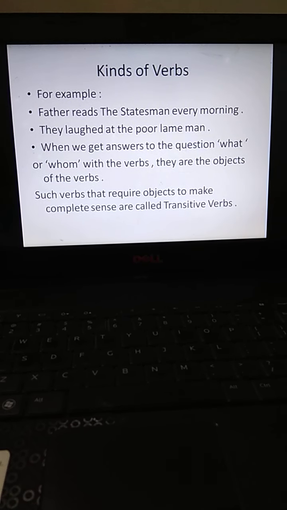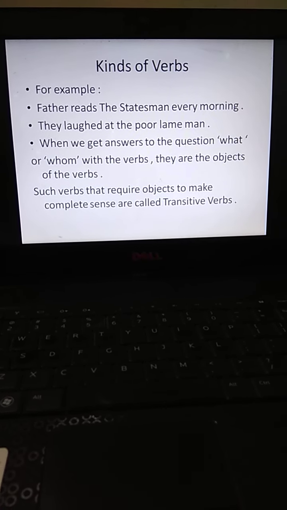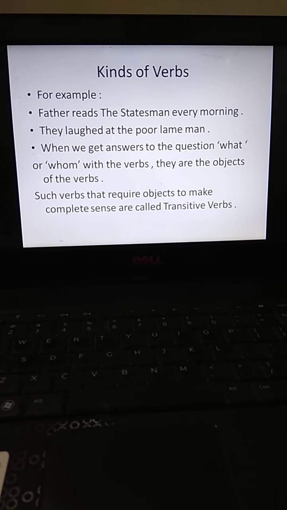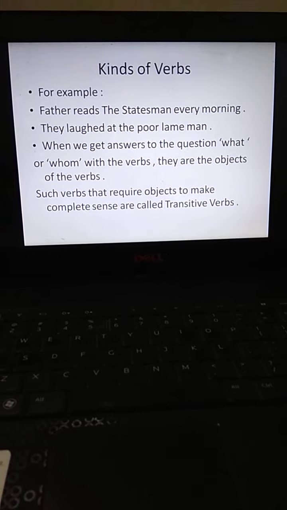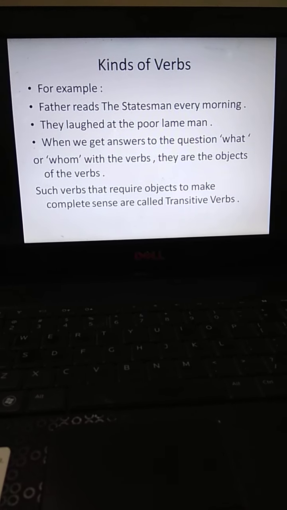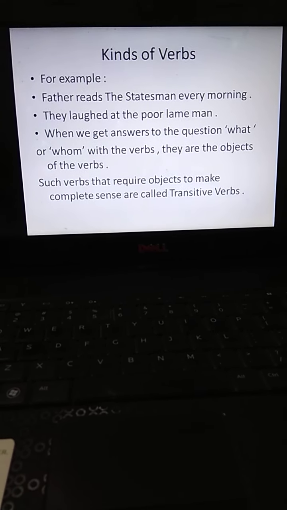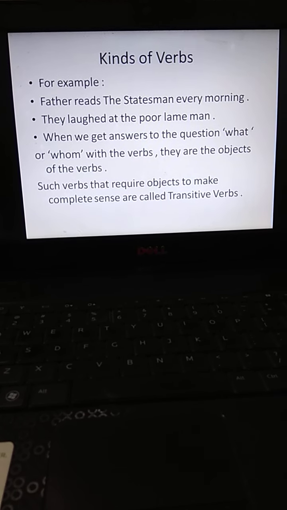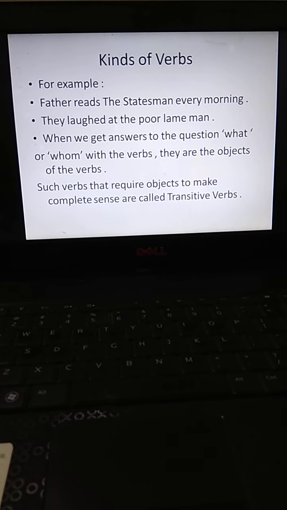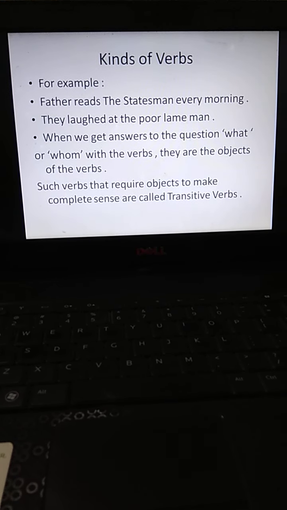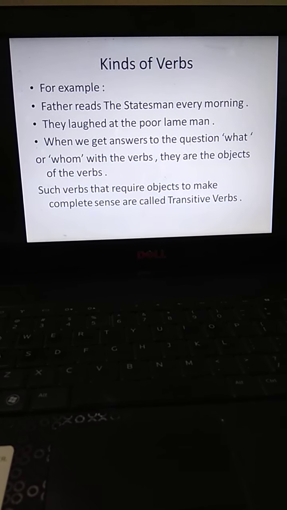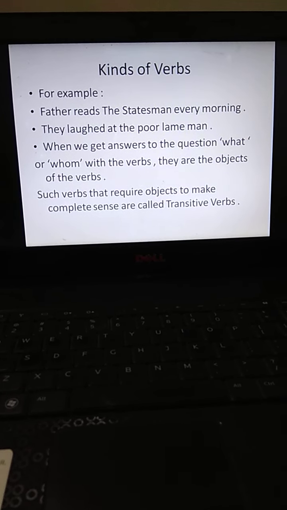Such verbs that require objects to make complete sense are called transitive verbs. A transitive verb tells us about an action that passes on to a noun or a pronoun. It does not stop with the subject.